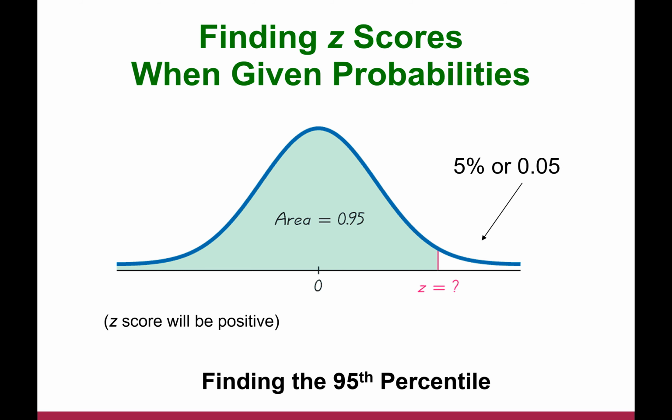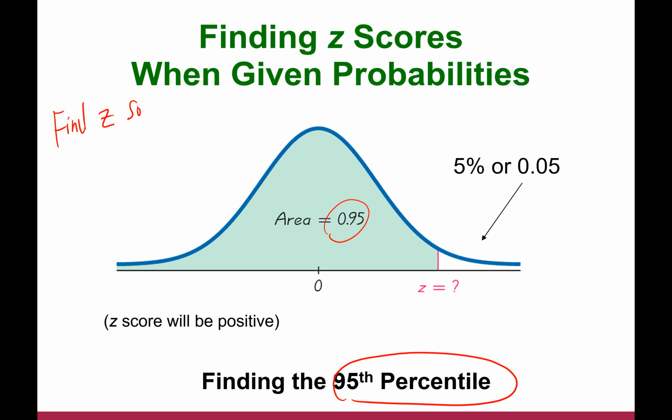That's exactly what we try to do here. Area equals 0.95, so the area to the right is 0.05. You basically find the 95th percentile. Or you can say that you find the z-score separating the bottom 95% from the top 5%.